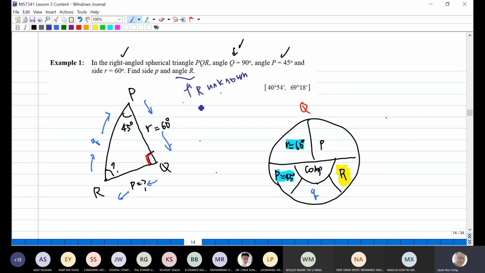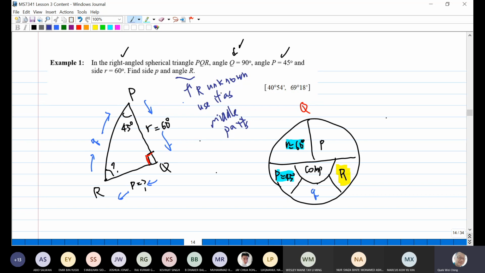So use it as the middle part, and it happens that the opposite parts you all know. There's no point finding p at the moment, because you don't know what is opposite of p, since you don't know q.